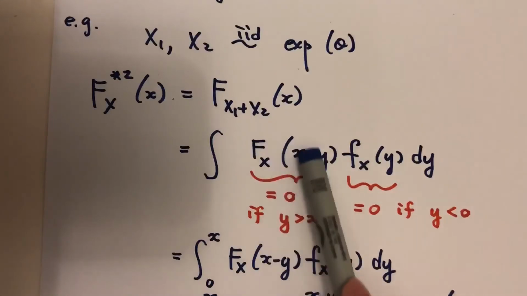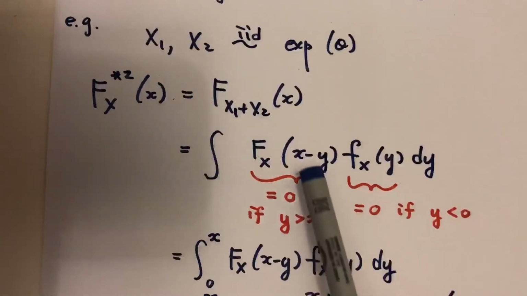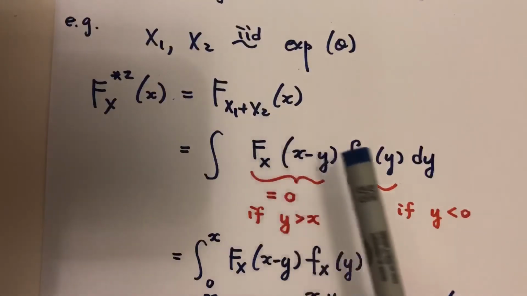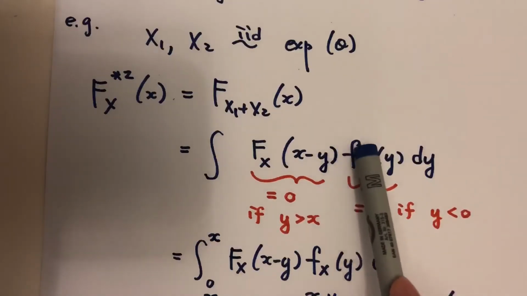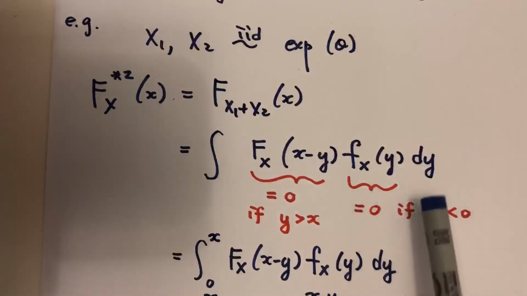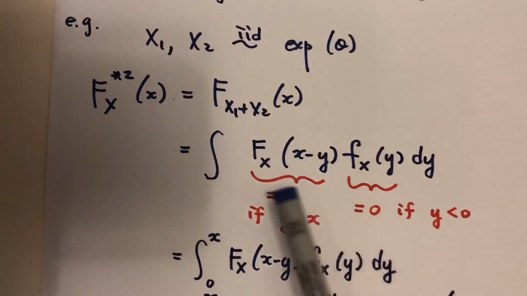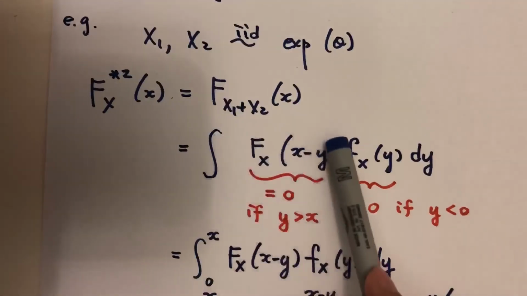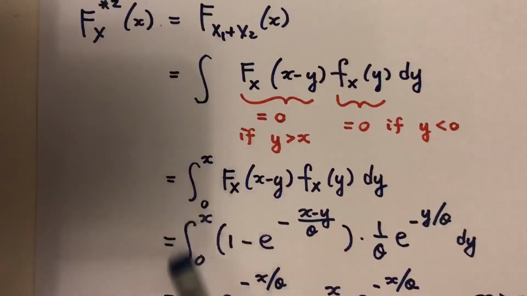If we look at the first factor, whenever y is larger than x, this is 0. The second term will be 0 if the argument is negative. Therefore, the product will be 0 whenever y is larger than x or less than 0. Therefore, this integral is only non-zero when y is between 0 and x.